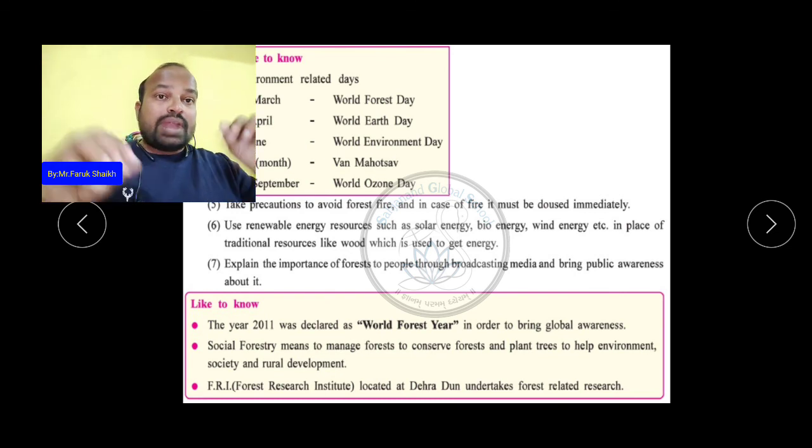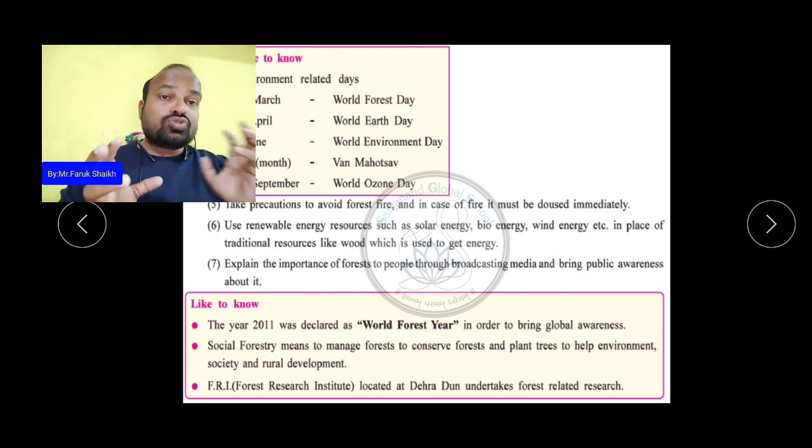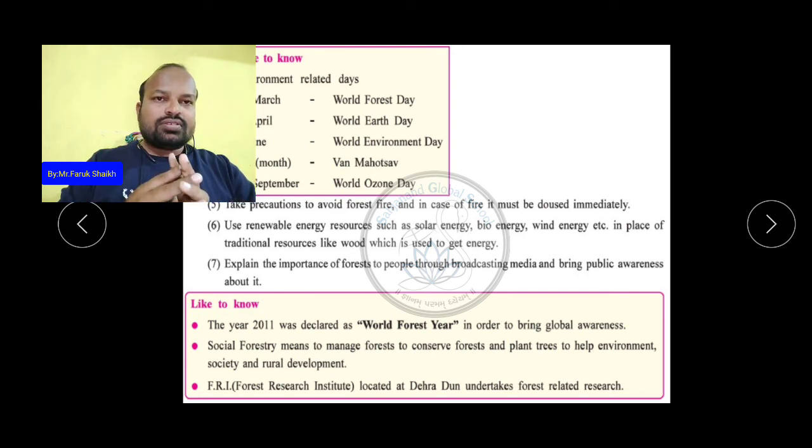See, प्लांट्स करने से कुछ नहीं होता, उसके बाद में उनको थोड़ी केयर भी करनी पड़ती है. ओके, फॉर एटलीस्ट few months or the year.